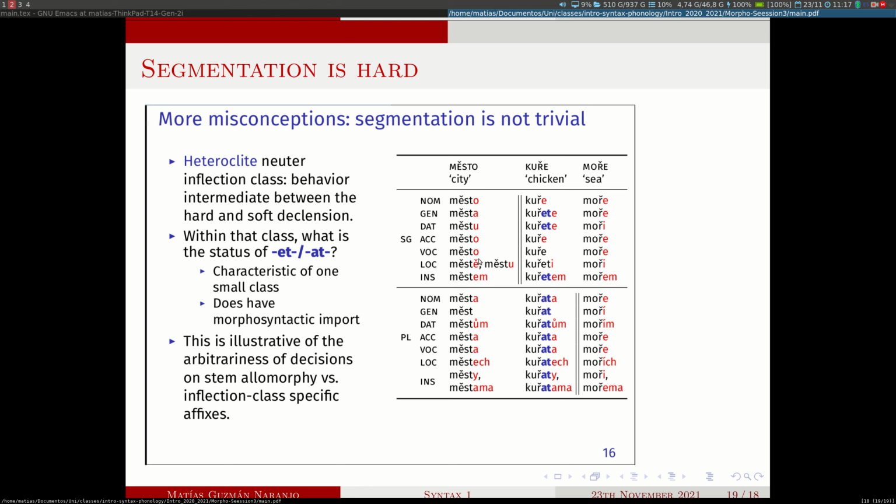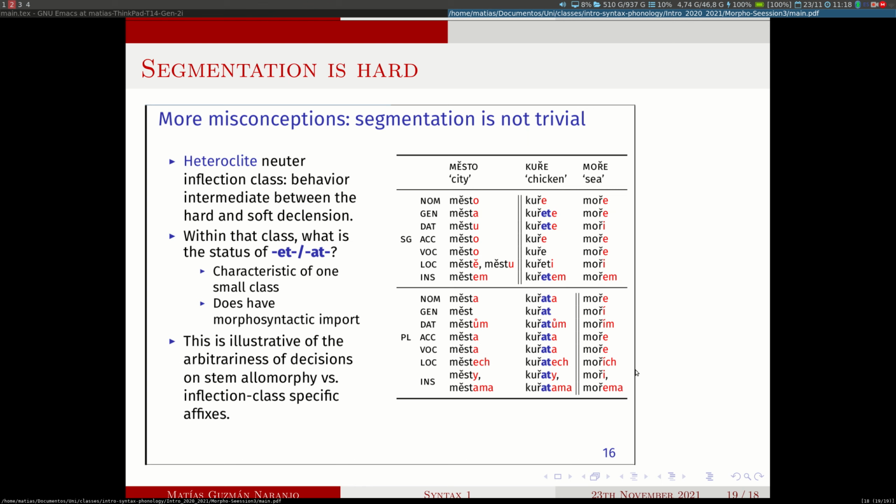Okay, so in any case, the important part here, you see the markers for the singular of miasto and for the plural. And then you have more, which is sea, or morze, which is sea, and it has different markers in the singular and different markers in the plural.